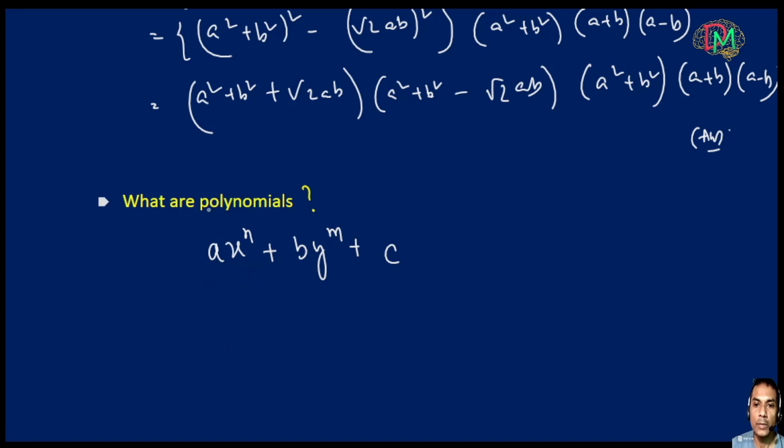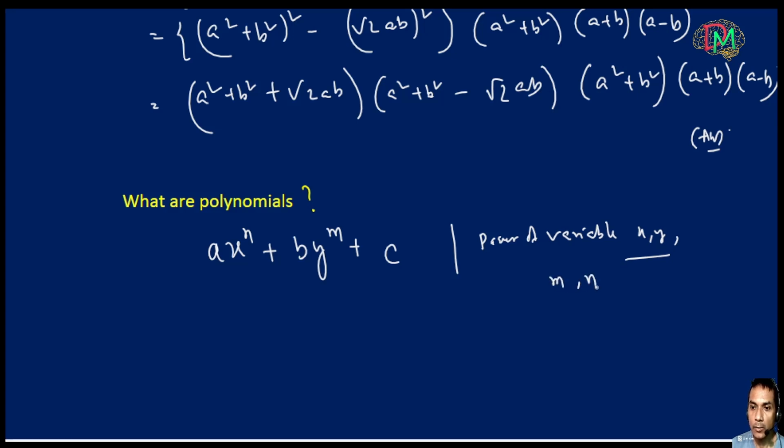Okay, poly means many terms are there. Where there are many terms, then you can say it is a polynomial. And also remember the powers of the variable, here the variables are x and y, that is m and n, both should be whole numbers.